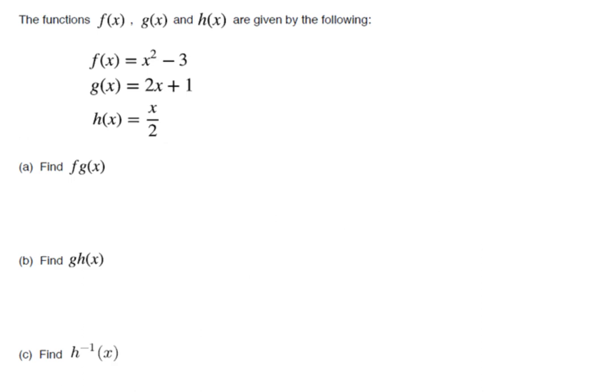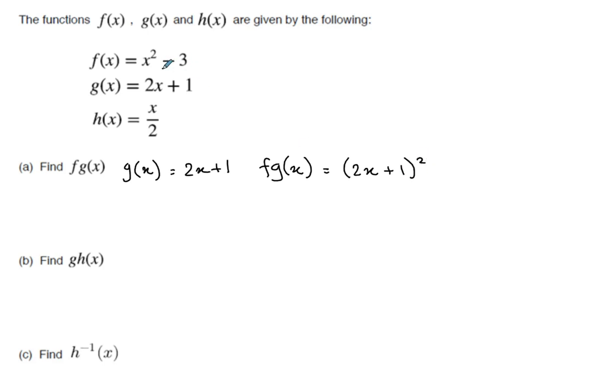Okay, the functions f of x, g of x, h of x are given thus. fg of x. So again, our g of x equals 2x plus 1. And now let's stick it into the f. So instead of x squared, we're going to write 2x plus 1 squared. And again, be really careful.